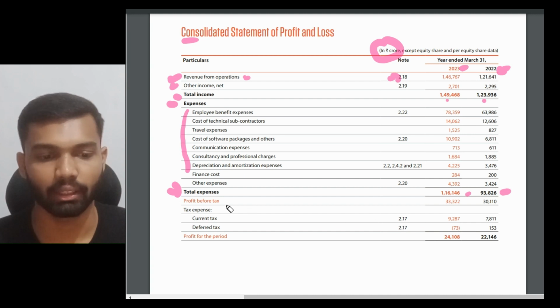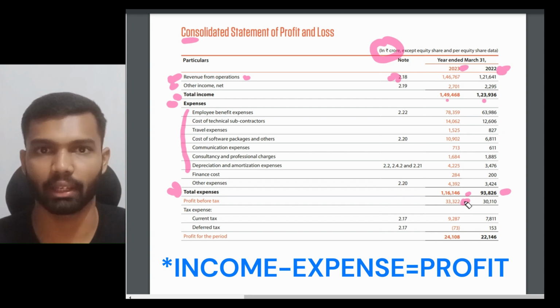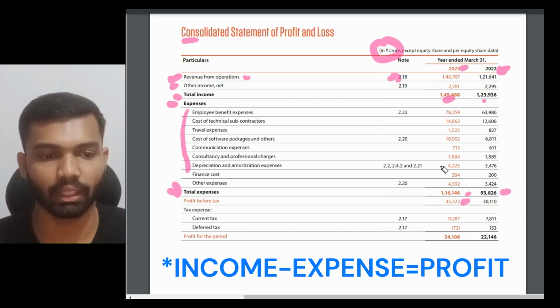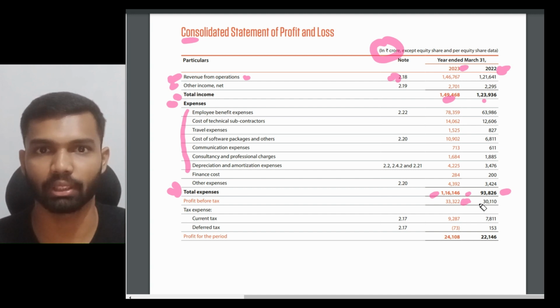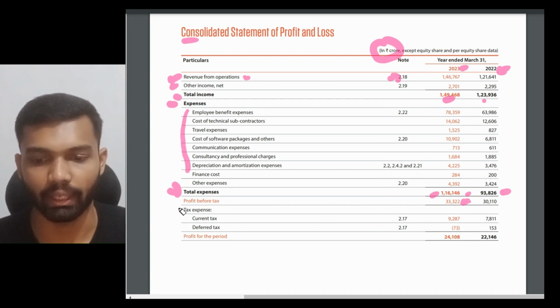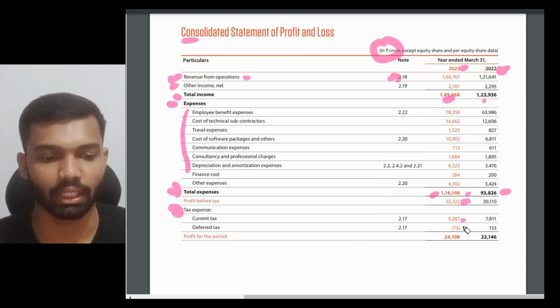And here is the profit before tax, that is 33,322. If we subtract the expenses from the income, we get 33,322. We can see the profit before tax has also increased from the previous year to the current year. Then the tax expenses: 9,287 is the current tax and the deferred tax is 73 crores.